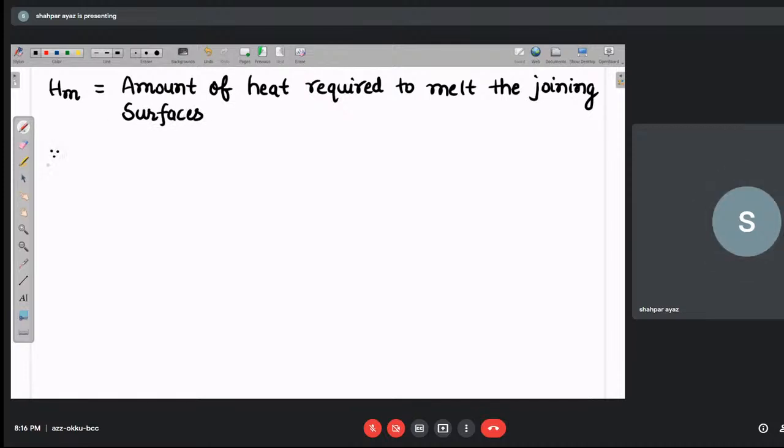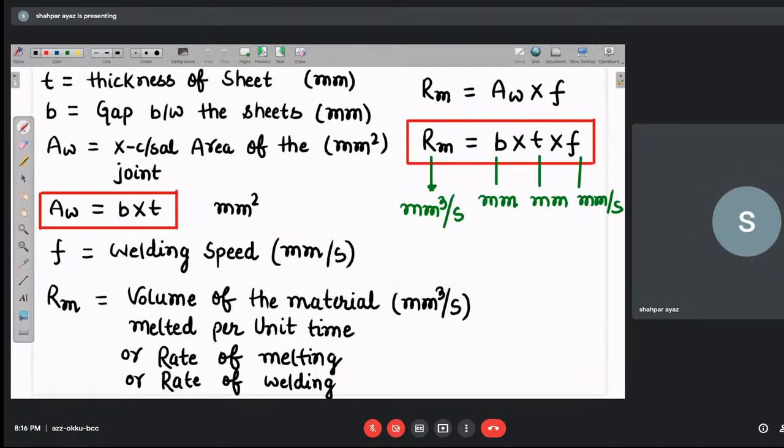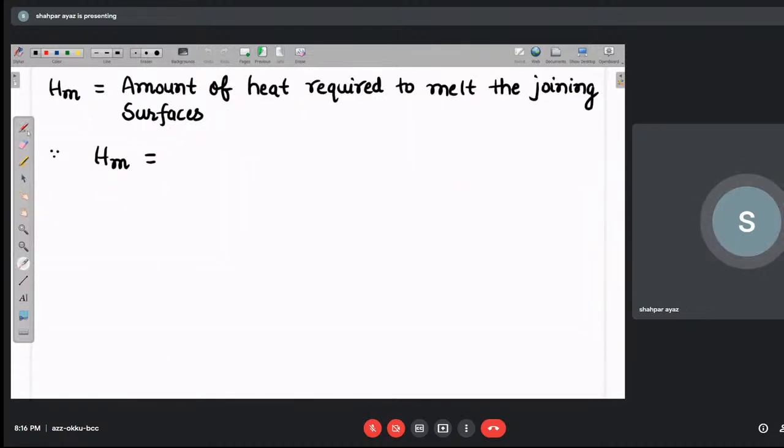So usually we calculate Hm. The first formula to calculate Hm is Rm, the rate of melting, into volumetric heat, Vh. Rm into Vh. This is the first formula. The rate of melting has unit mm cube per second, and volumetric heat is in joule per mm cube.